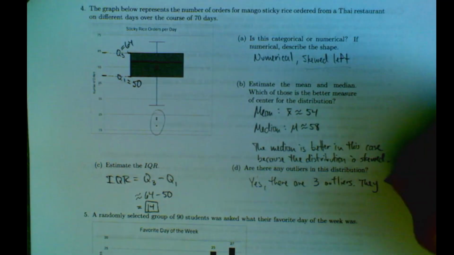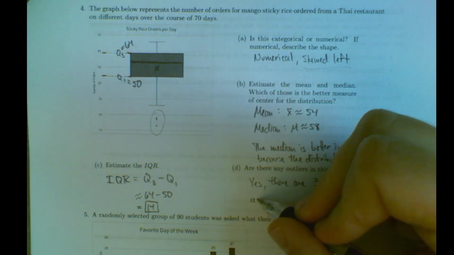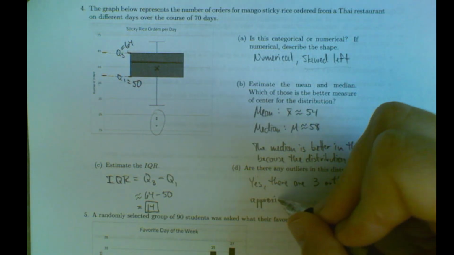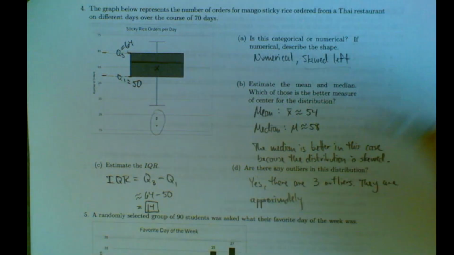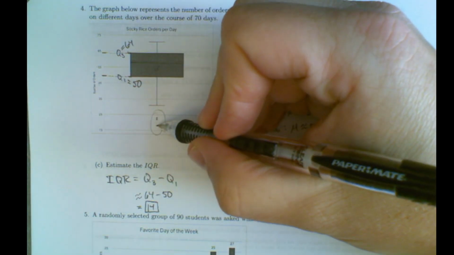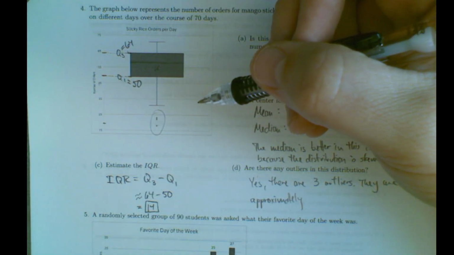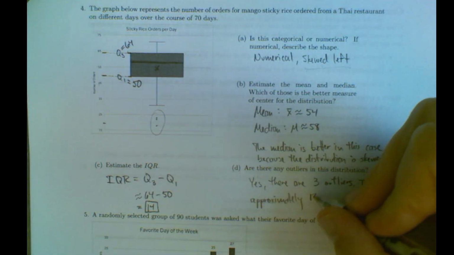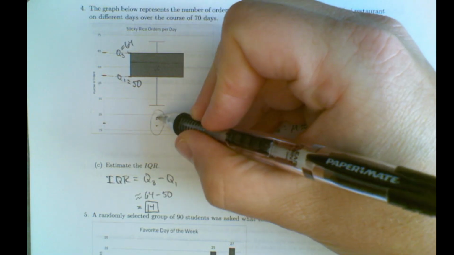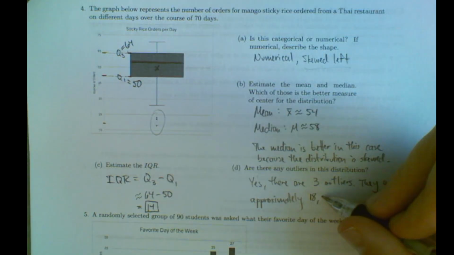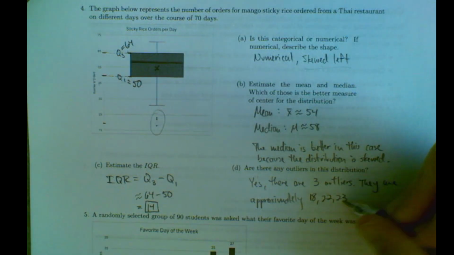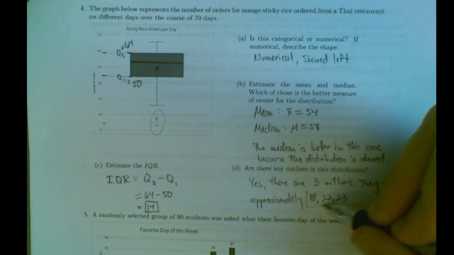They are approximately something below 20, maybe like 18. This one is just below 25. Maybe this is like 22 and 23. That would be my best guess for those 3 outliers.